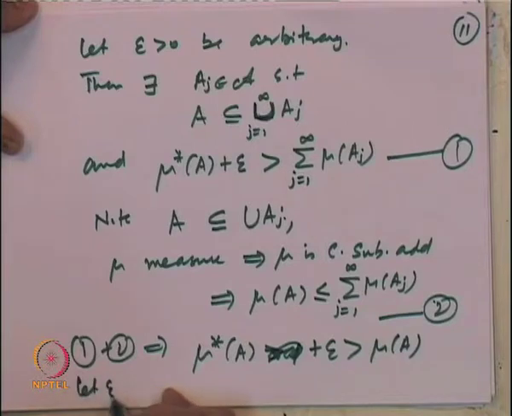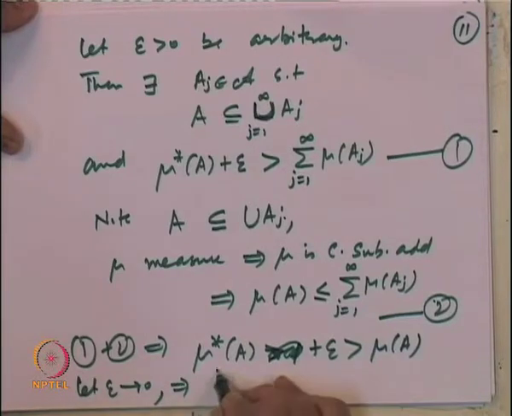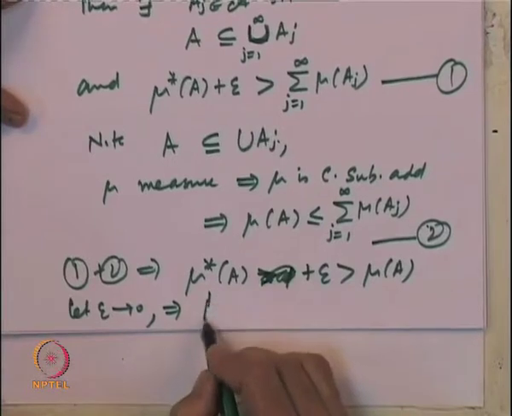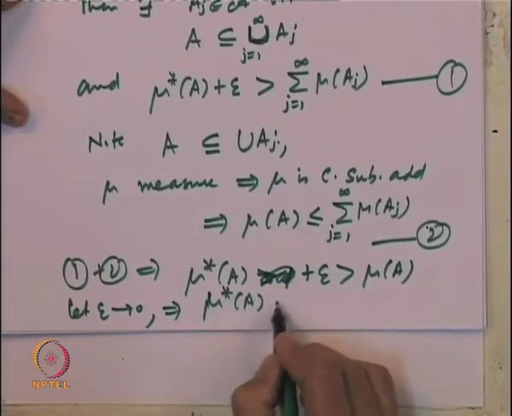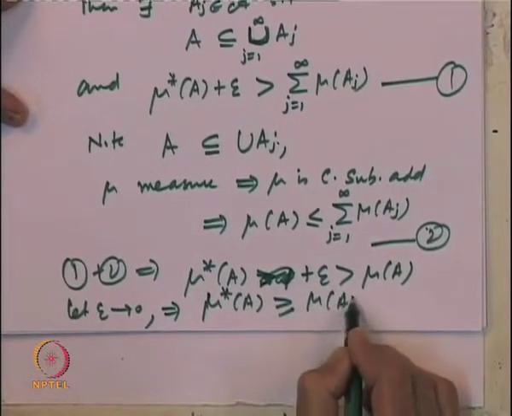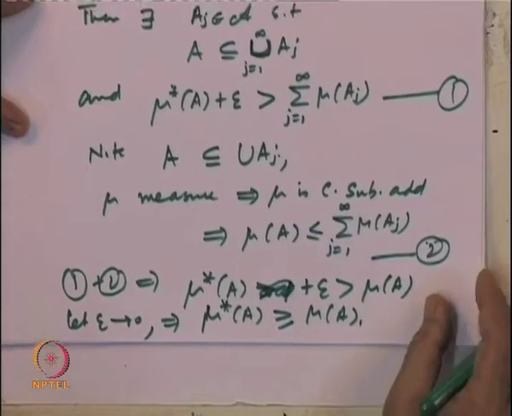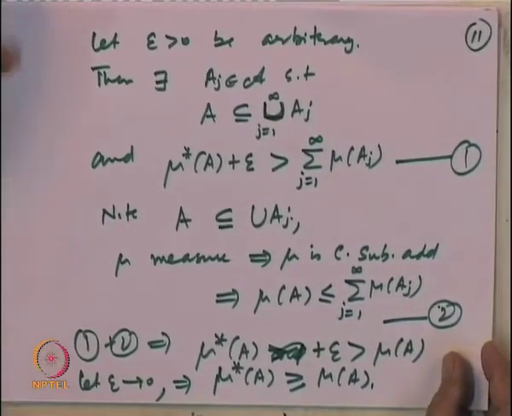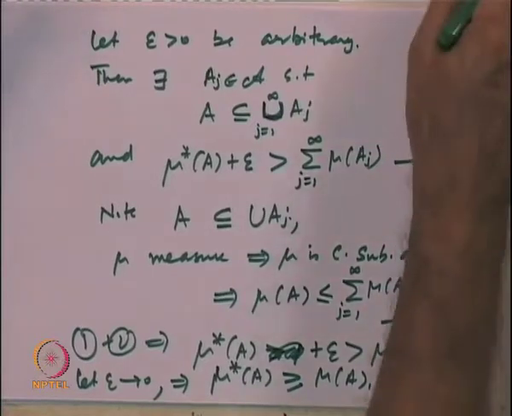So, let epsilon go to 0, and that implies that mu star of A is bigger than or equal to mu of A. So, that proves the other way around inequality also, in the case when mu star of A is finite.